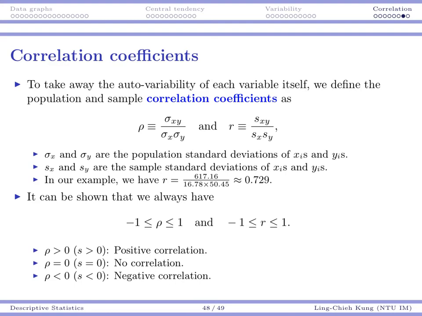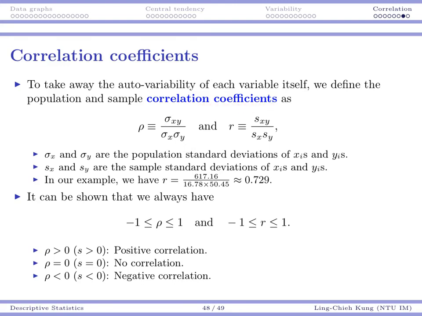So if I divide the covariance by these standard deviations, I will be able to take away the auto variability of each variable. Auto variability means the variability inside each variable. After I do this, I will get something we call the correlation coefficient.